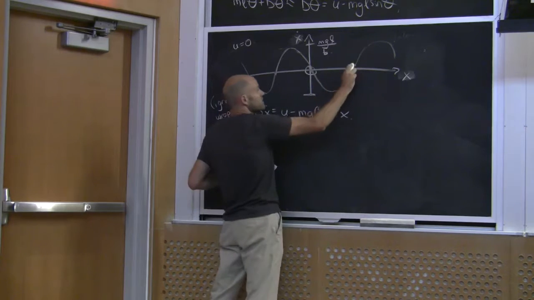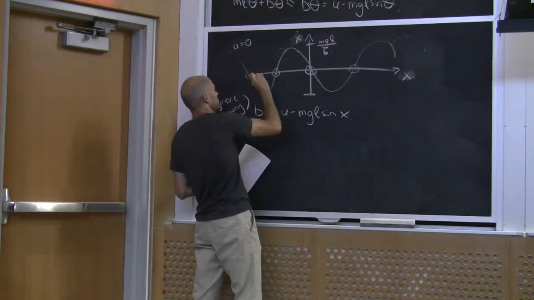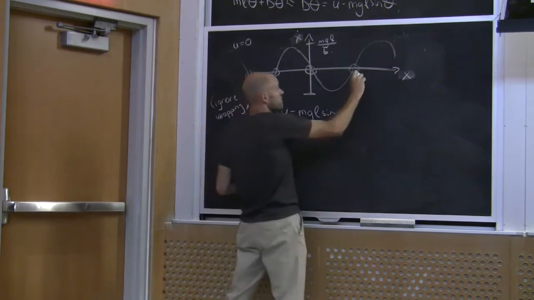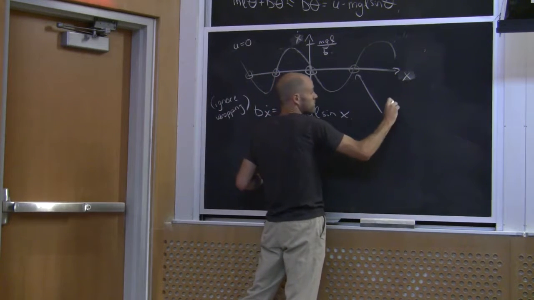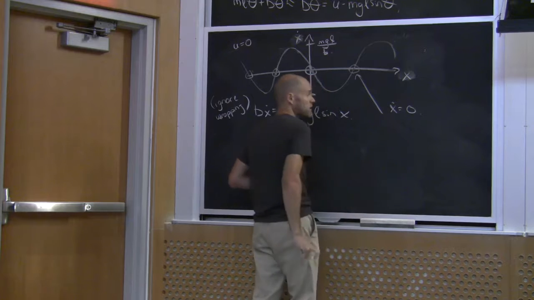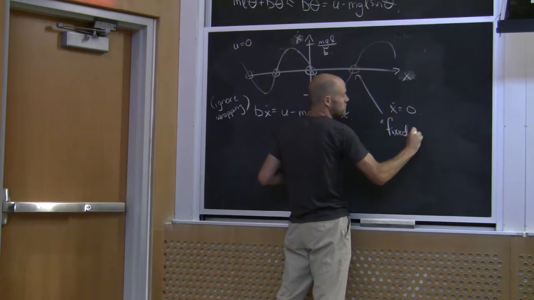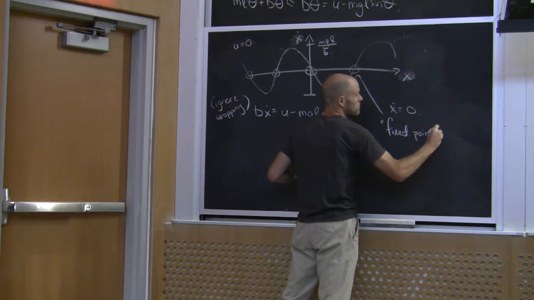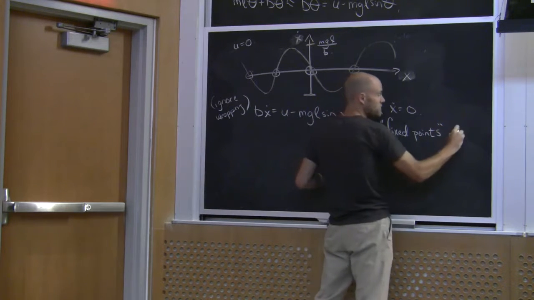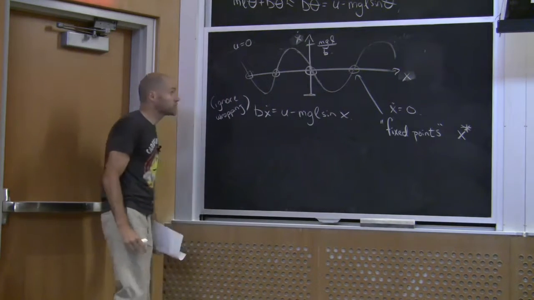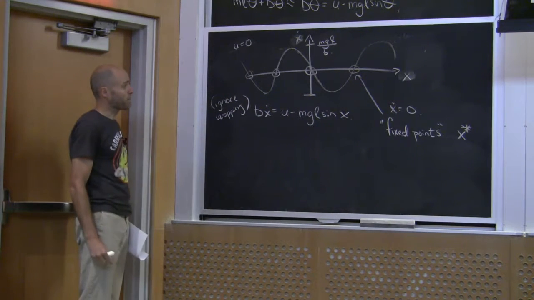That's here, here, here, here, you name it. Those are the fixed points of the system, right? Those are the fixed points. We often denote them x star, or I denote them x star, okay, as a fixed point.